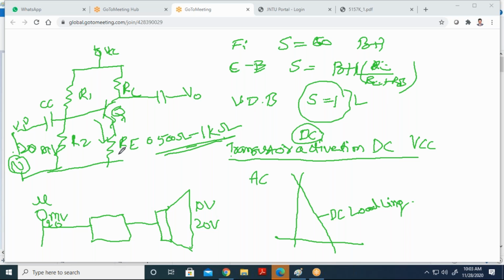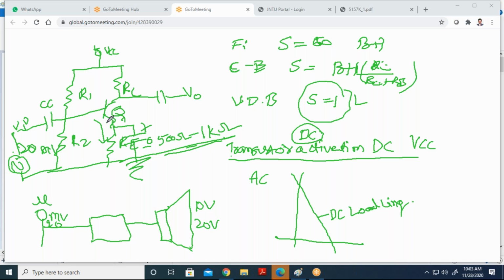So whenever input AC signal is applied, total AC current flows through the RE. So maximum current is dropped across RE, so output voltage as well as current decrease, because input current is totally dropped across the RE. That's why we want to connect one capacitor, called the bypass capacitor. Here positive, negative.